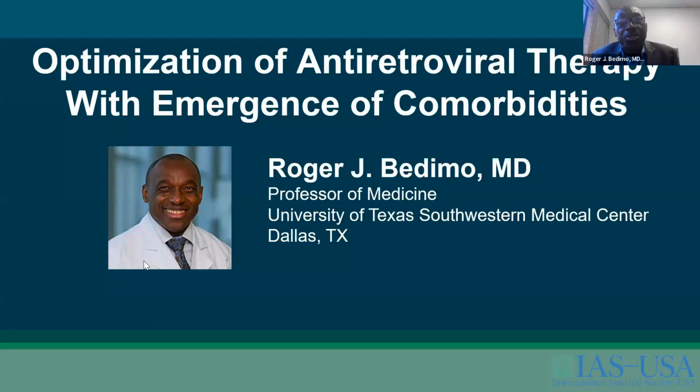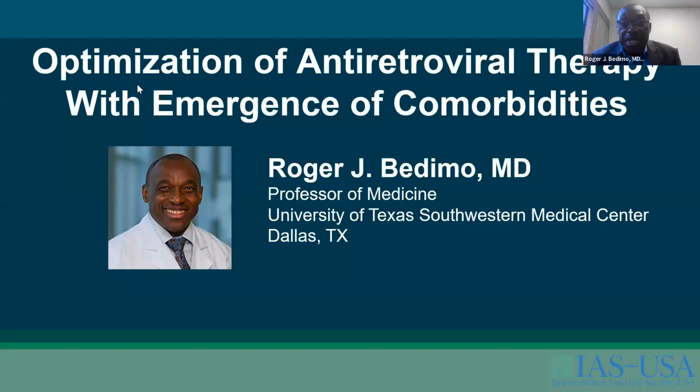What I would like to follow up on is, is there a reason to fix what went broke, i.e. optimize antiretroviral therapy even in people who have success and who are not failing, like you said?